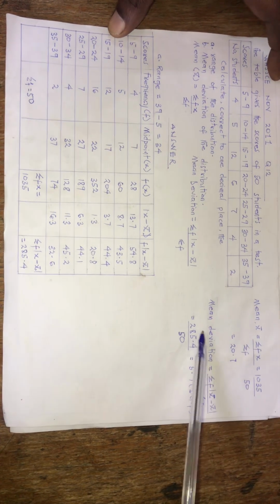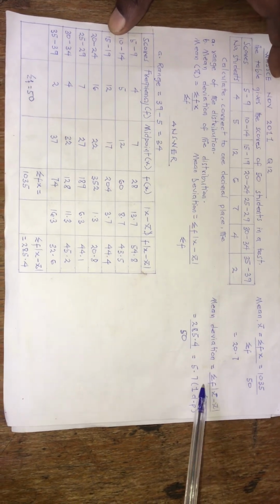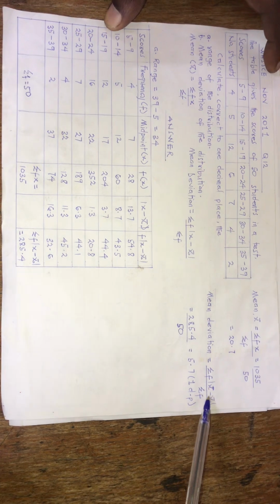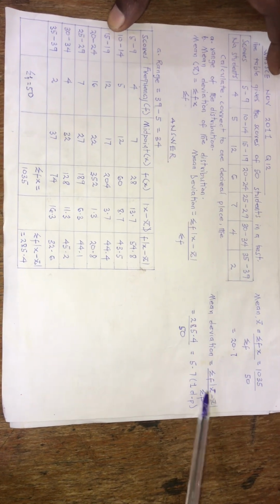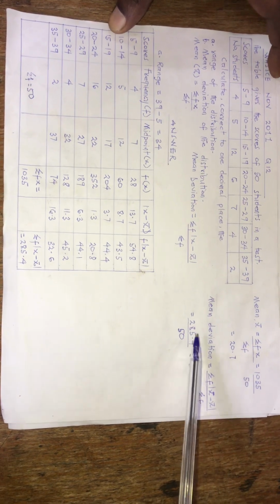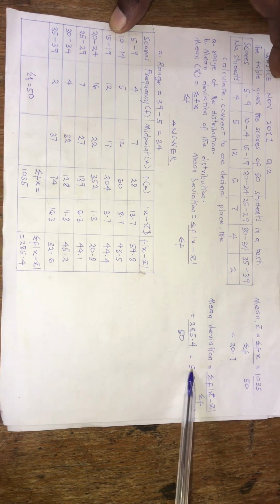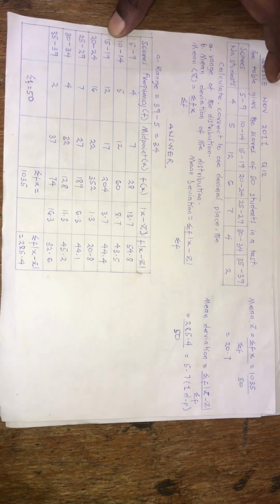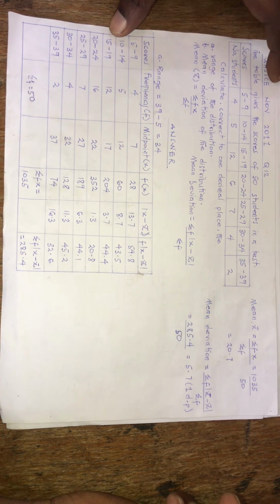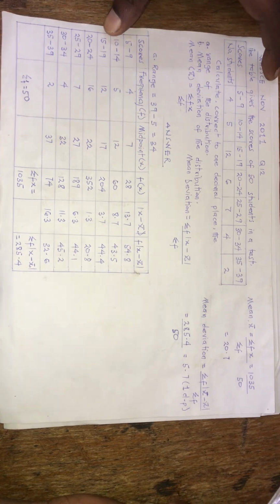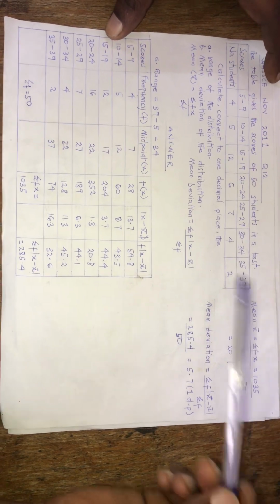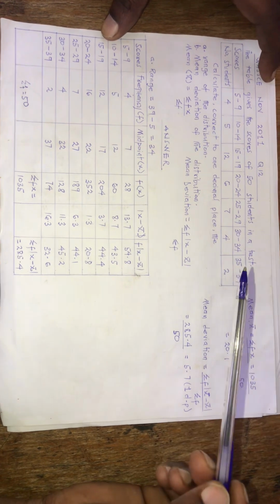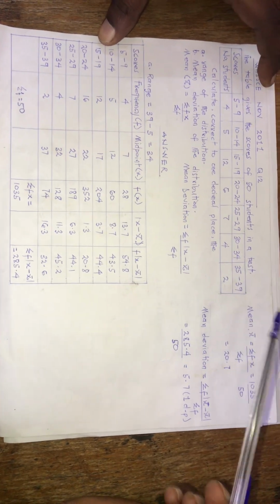So with our formula, the summation of frequency multiplied by the absolute value of x minus the mean, all divided by the summation of f, we divide, and that gives us 5.7 to 1 decimal place. So this is how we can calculate the mean deviation and range from a frequency distribution table, basically from grouped data. Thank you.